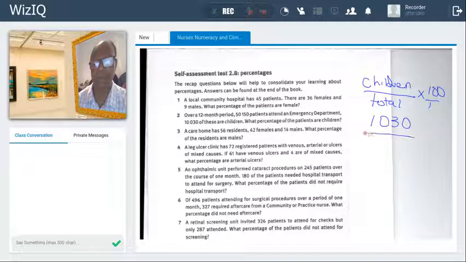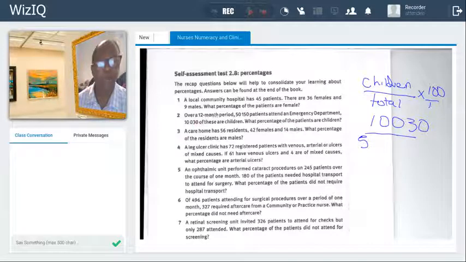Now the total is 50,150. If this is correct, there is another 0 there, so it should be 10,000 for the children. We did the wrong number there, so it should be 10,030, and the total is 50,000 and 150, in line with that.